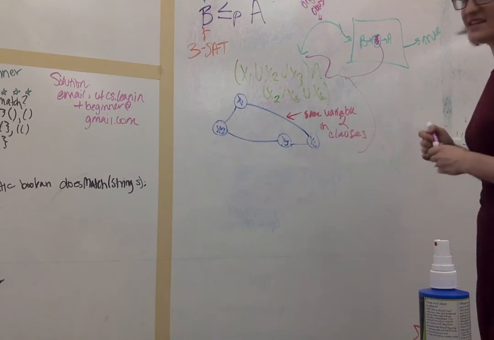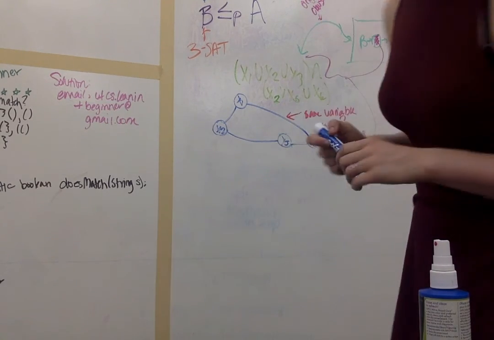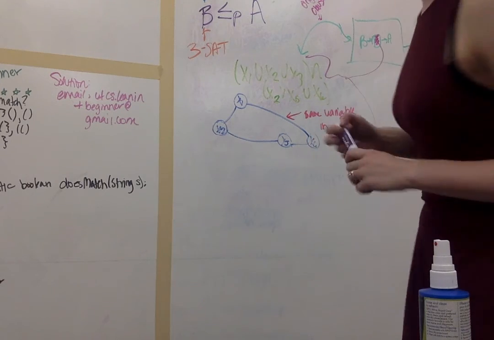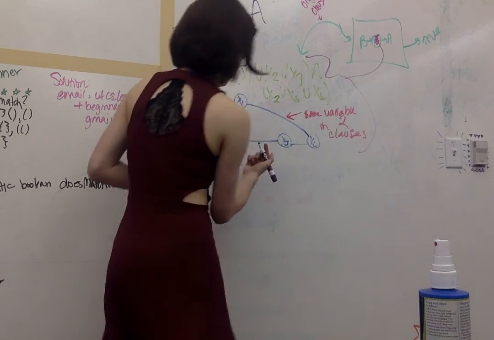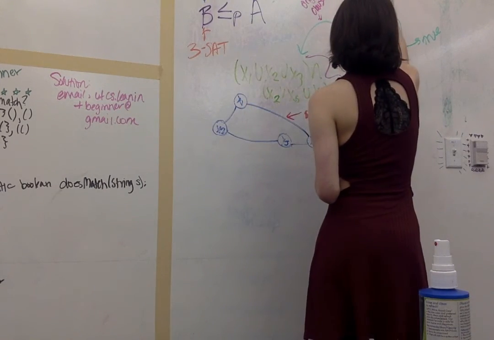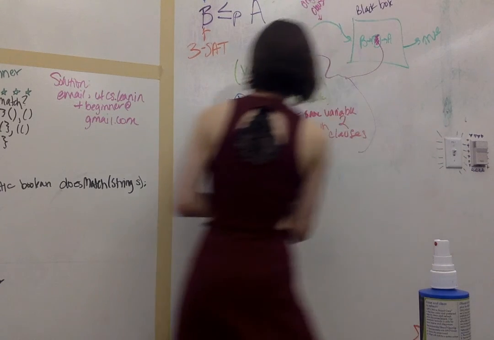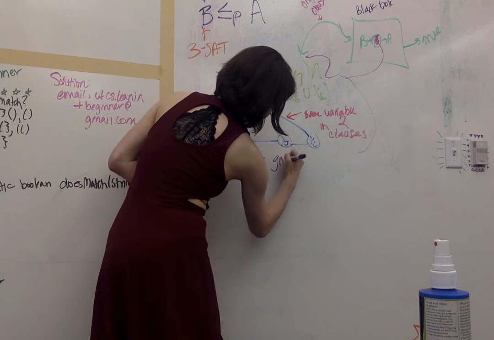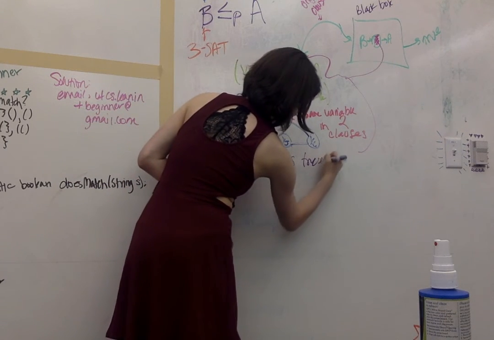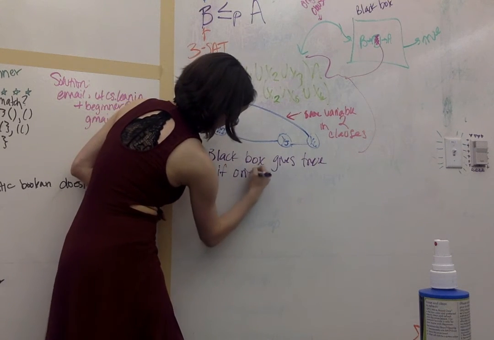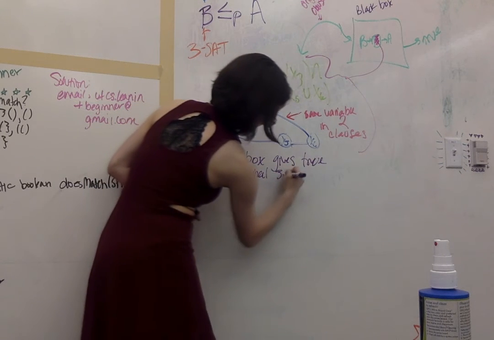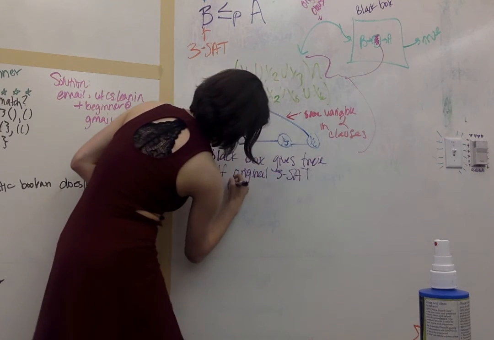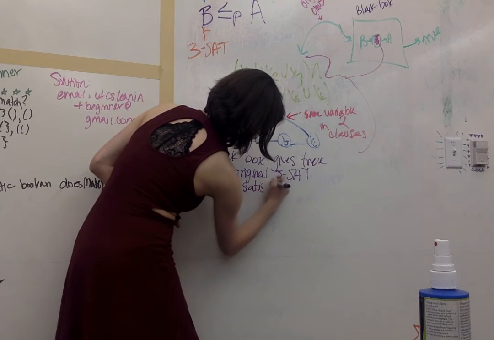So, in this case, that proof that we wrote earlier becomes, we're going to call this black box. It becomes: black box gives true if original 3-sat is satisfiable.